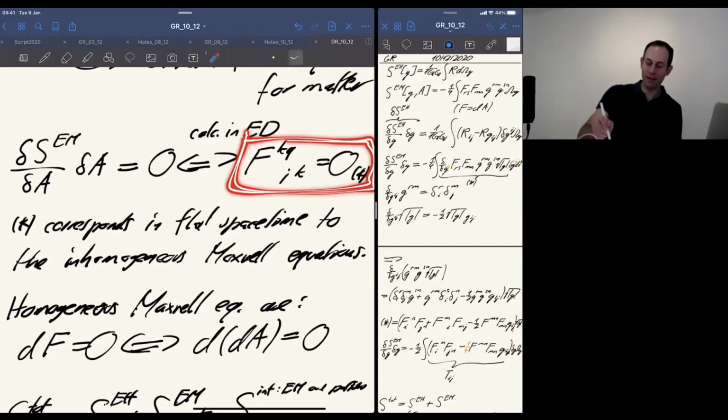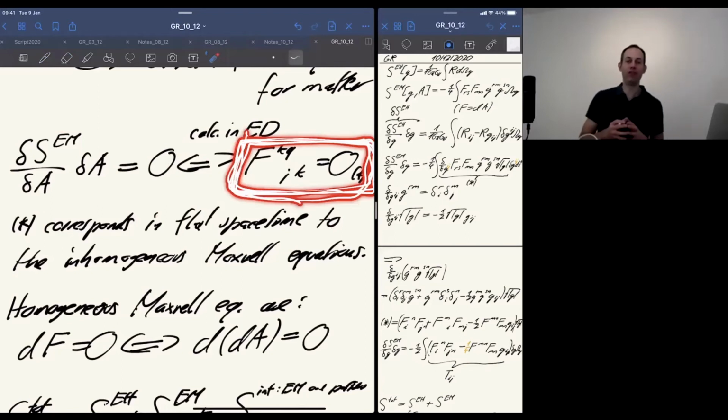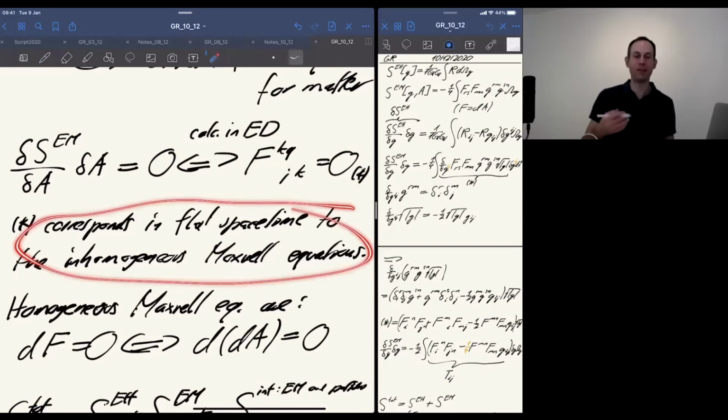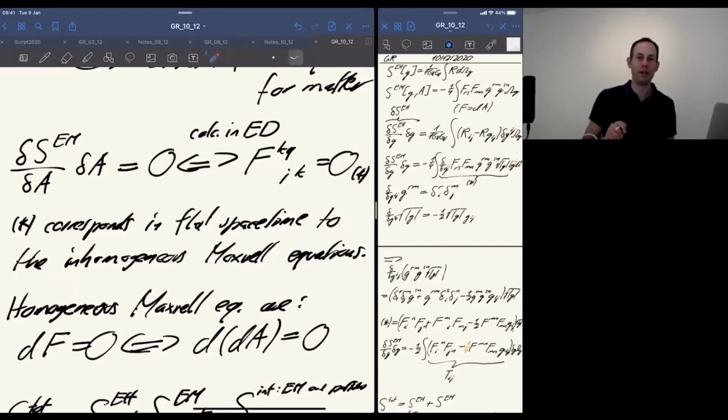So the derivation is, in a sense, the generalization of Maxwell's equations to the situation where spacetime is curved, and therefore it automatically includes how geometry acts on matter. And the other thing is just a consistency check, whether we are consistent with what we knew so far. So it's really giving you both directions.